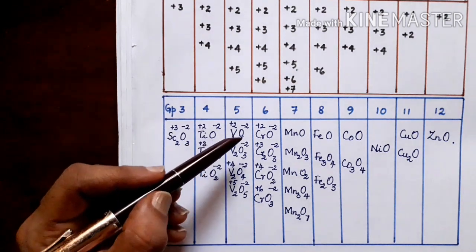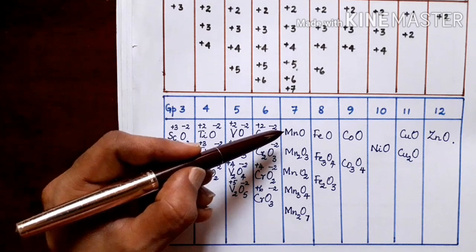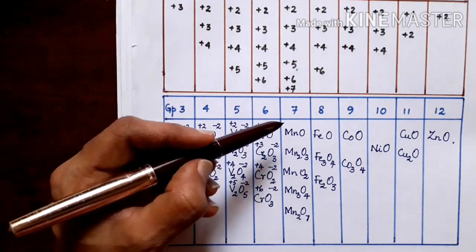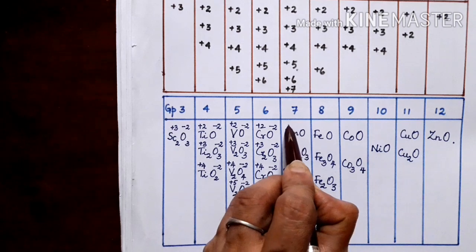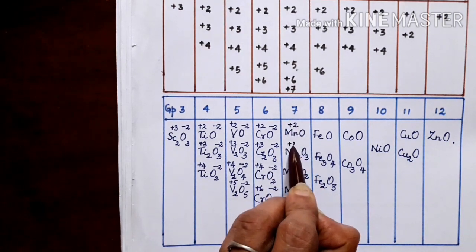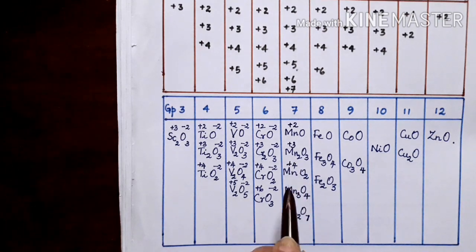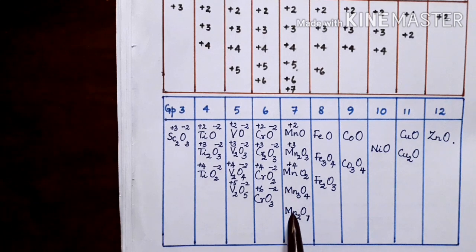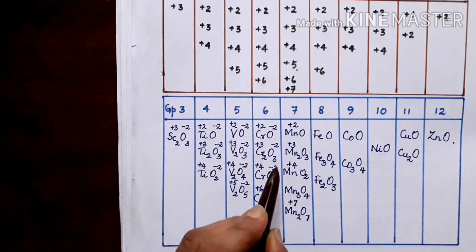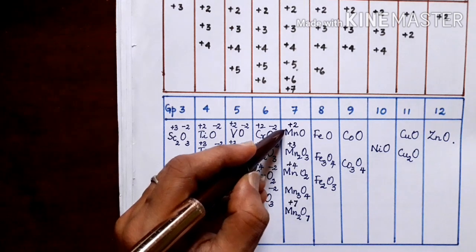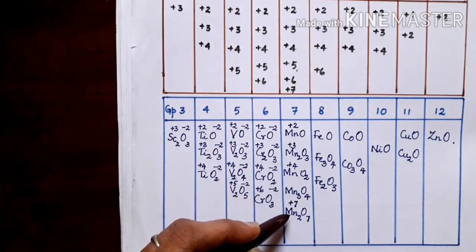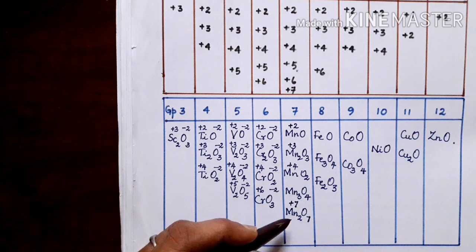So when we check the case with manganese, manganese forms a variety of oxides, showing oxidation states +2, +3, +4, and +7. In all the cases, as the oxidation state increases, the covalent character increases, that is, the acidic nature of the oxides is found to increase.